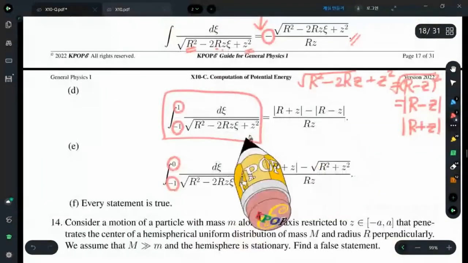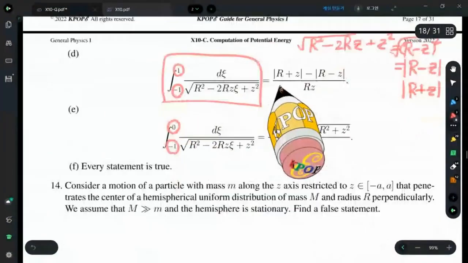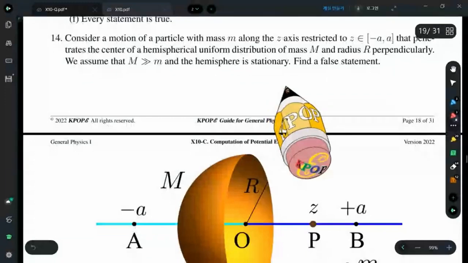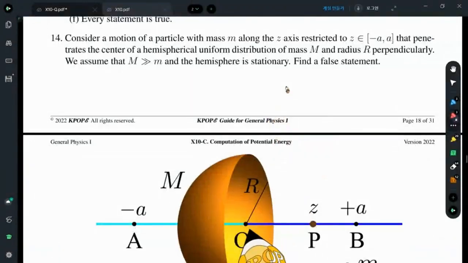Now, let us make use of this integral table to evaluate this. This is a sphere, just a hemisphere. The full sphere has been cut into two pieces, and I have removed a single hemisphere, and I end up with a single hemisphere with radius capital R.